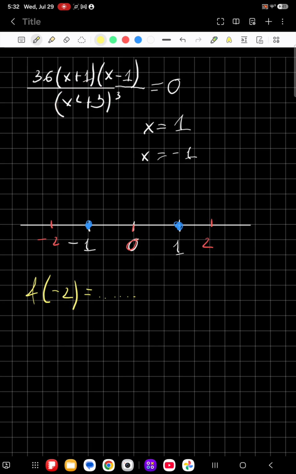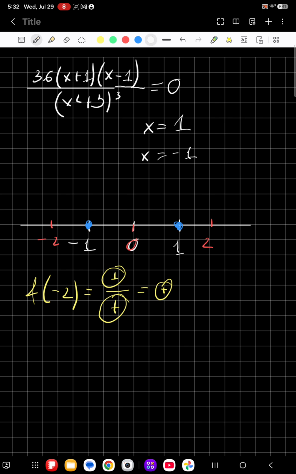So that sign will be positive. Let me write it like this, in yellow: positive, in a little circle, positive over positive. Well, that definitely is positive. I'm not worrying about what that number is, but I know it's supposed to be a positive number.